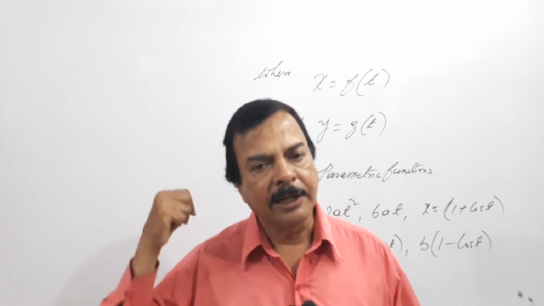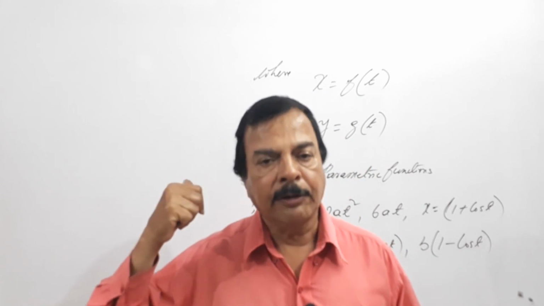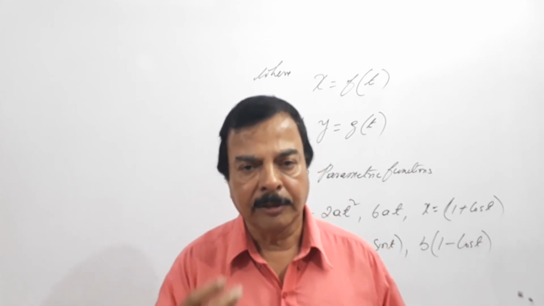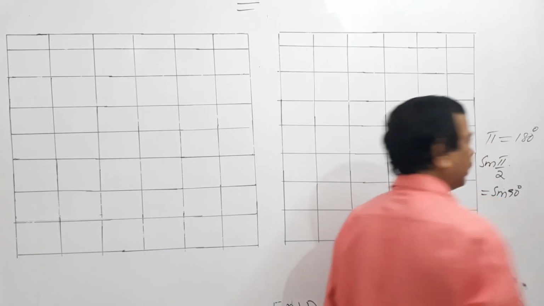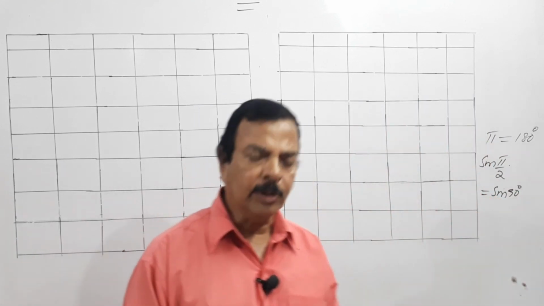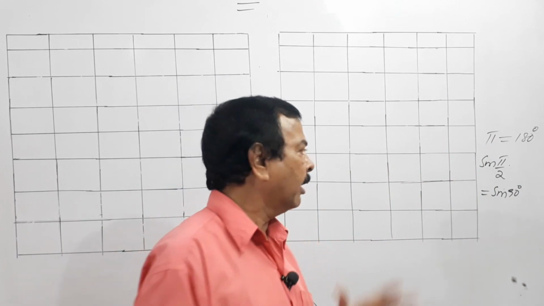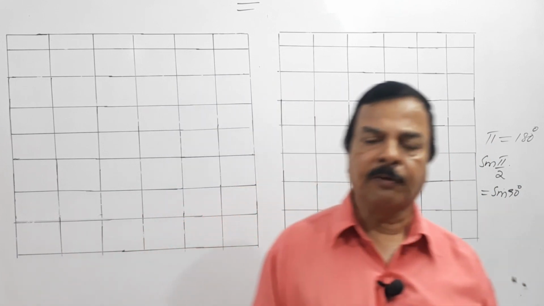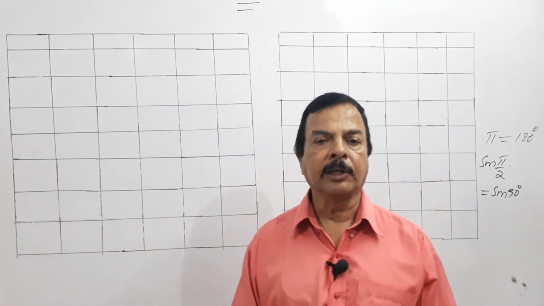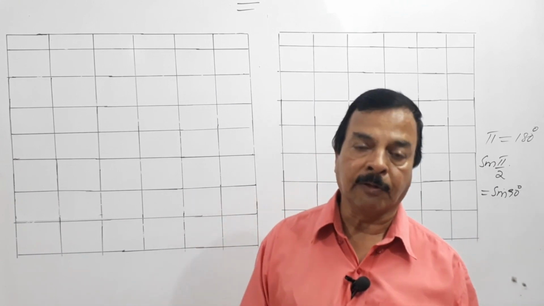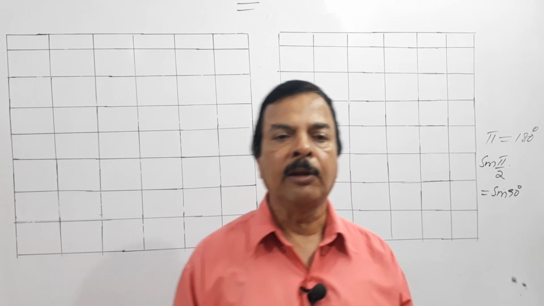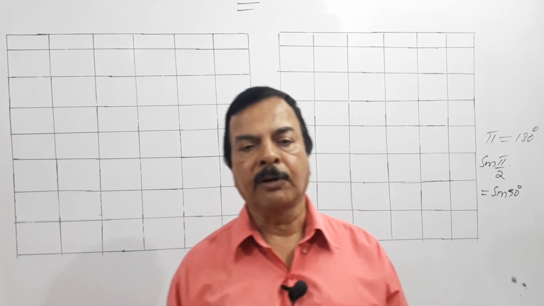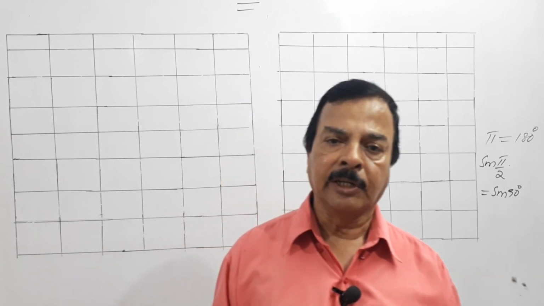So dear students, let's start derivatives of parametric functions. Sin 90 degrees, done. Now what if you are asked sin 45 degrees, cosecant 30 degrees or cot 40 degrees, or even if you have to find the value of sin 30, sin 45, sin 60, sin 90, done.